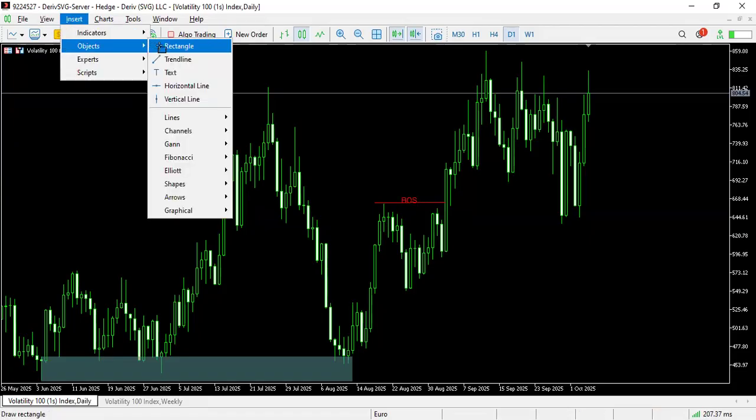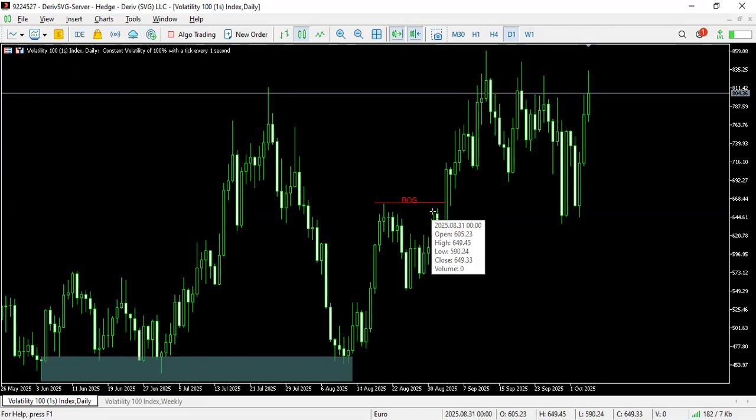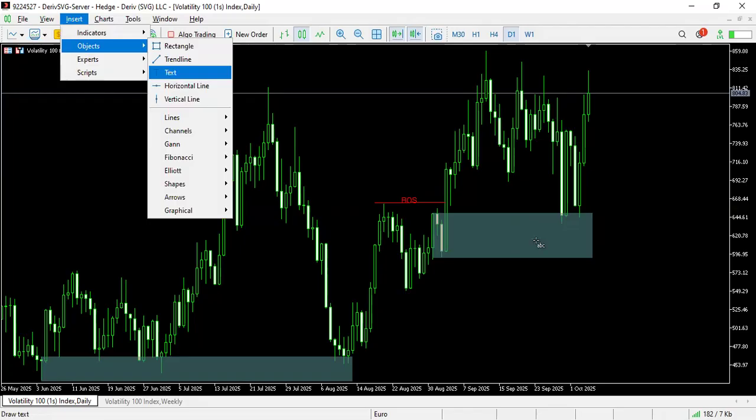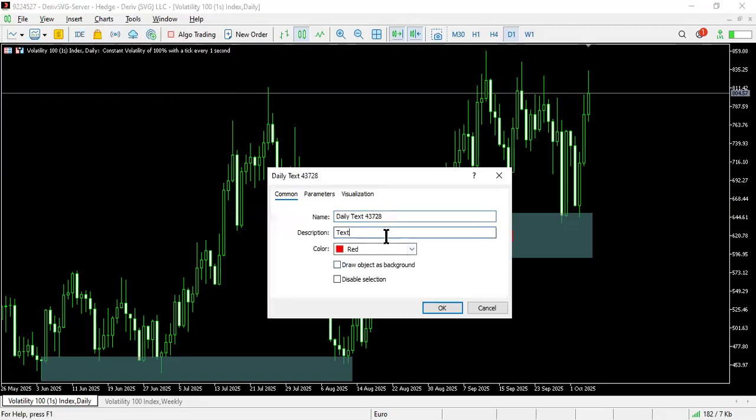That is a break of structure, and then that is the order block which caused the break of structure, where price has stepped in and it's the one that dished out that move. So that is the order block which caused that break of structure.